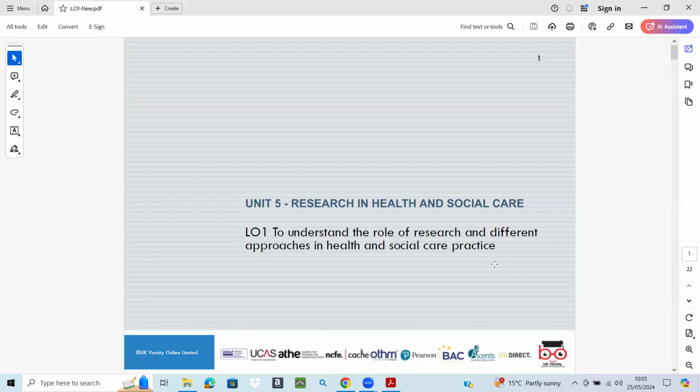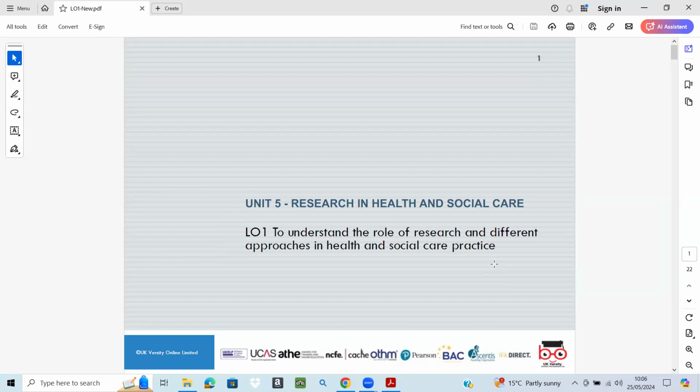Then we can say, enhancing evidence-based practice. Research provides a solid foundation of evidence that health and social care professionals can rely upon when making decisions about service user care or patient care. For example, evidence-based guidelines for managing chronic conditions like diabetes involve compiling research findings to recommend best practices for treatment and management.